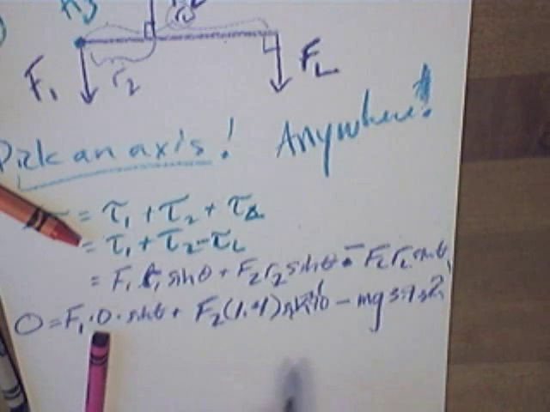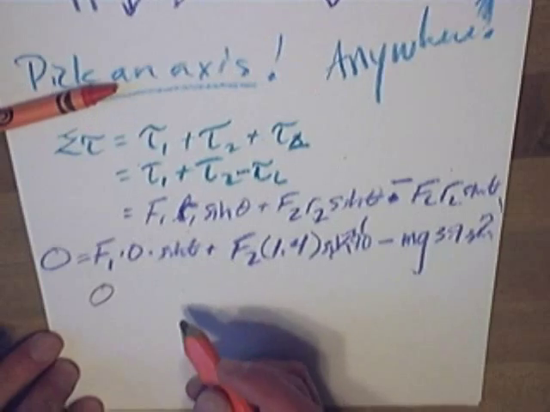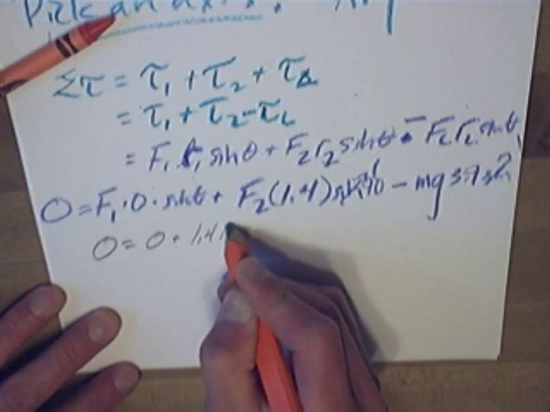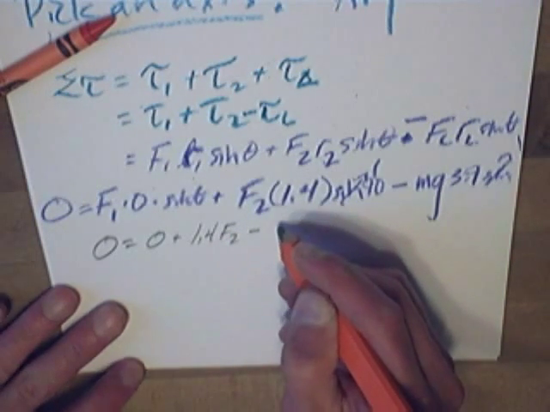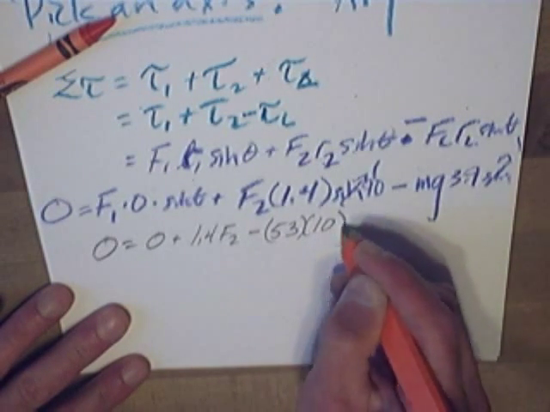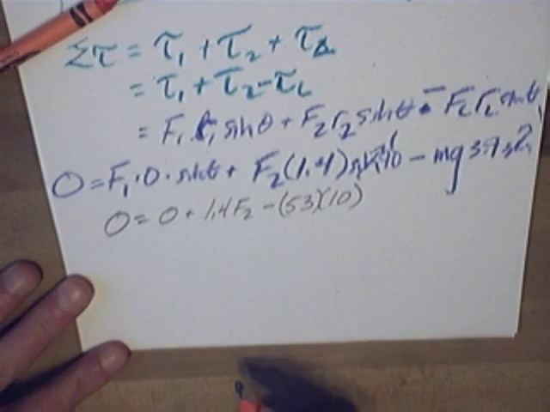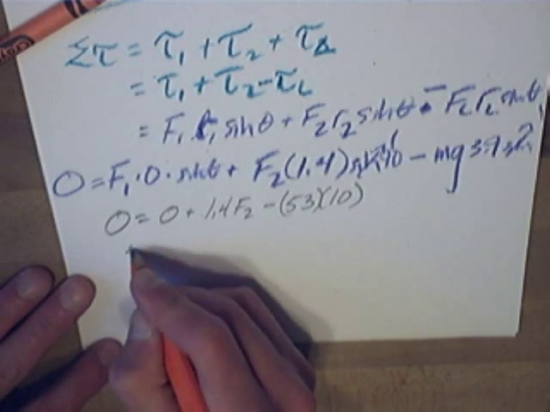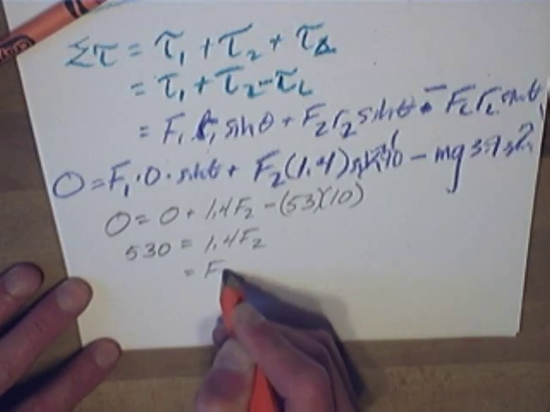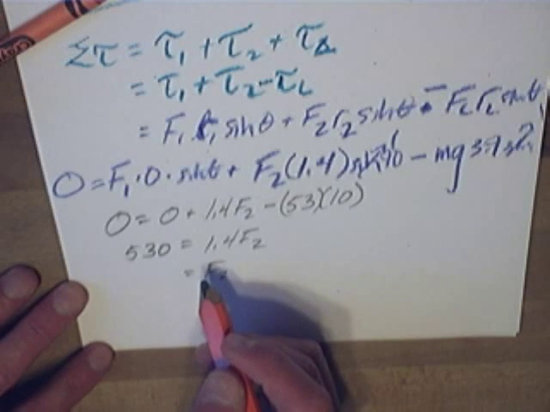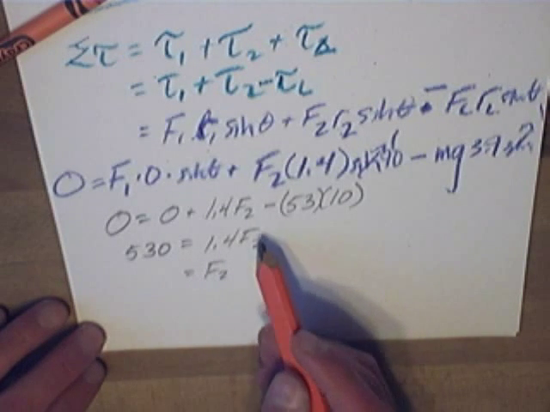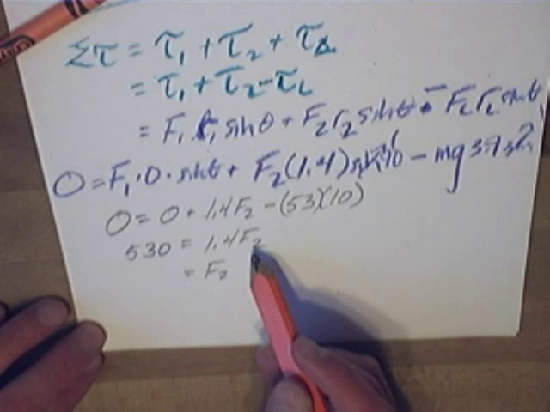So now, let's keep going. I'm going to switch to a pencil here. I end up with 0 equals 0 plus 1.4 F2 minus mass, 53 kilograms, times g, times the sine of 90, which is 1. Let's knock this out. 530 equals 1.4 F2, so F2 equals 530 divided by 1.4.